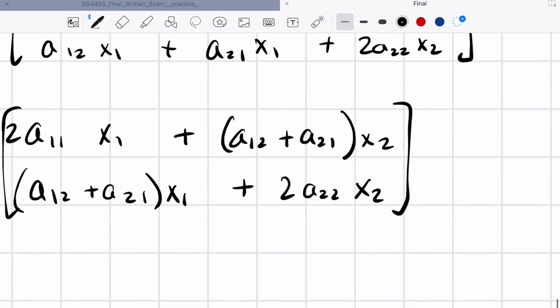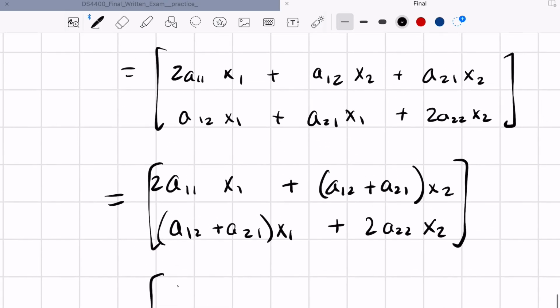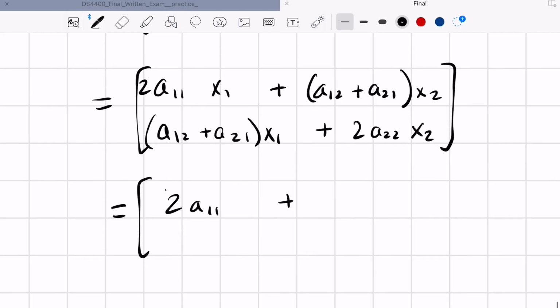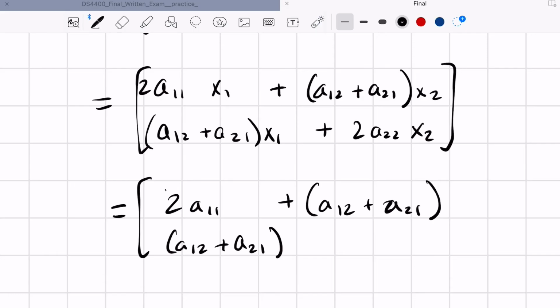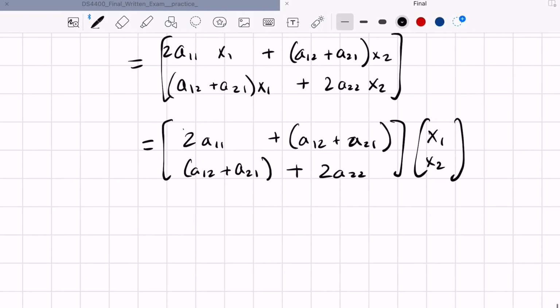With that in mind, we could take out the x1 and x2. So this becomes 2a11, a12 plus a21, and then a12 plus a21, 2a22, and then we took that x out, so we have x1, x2.